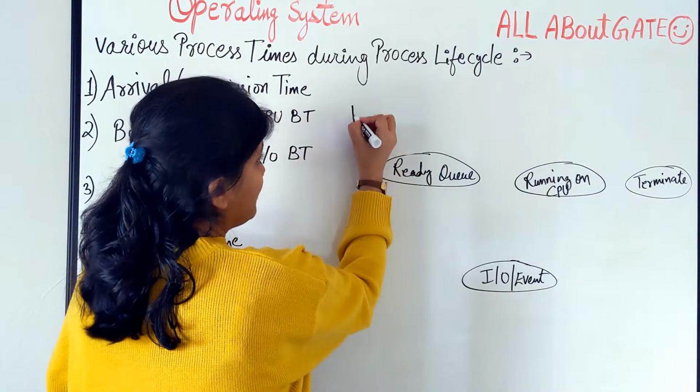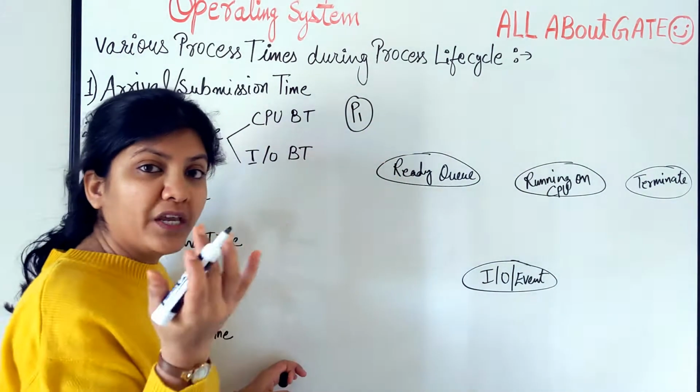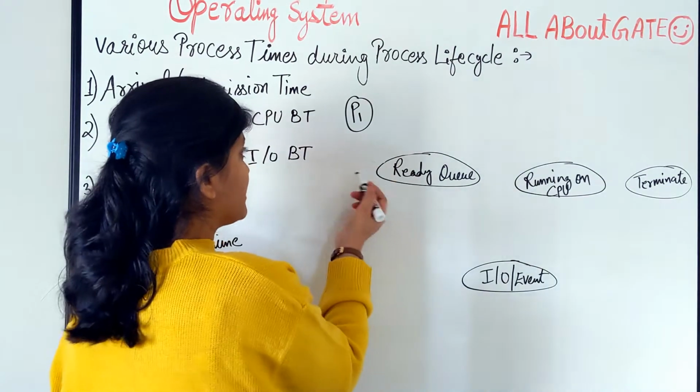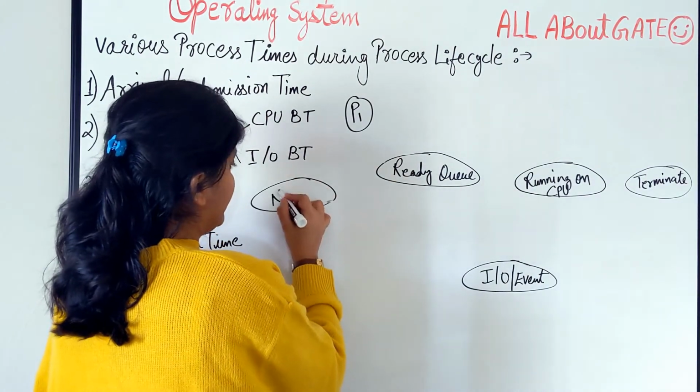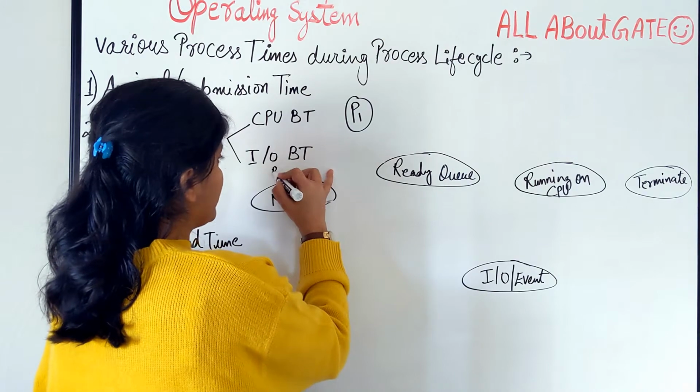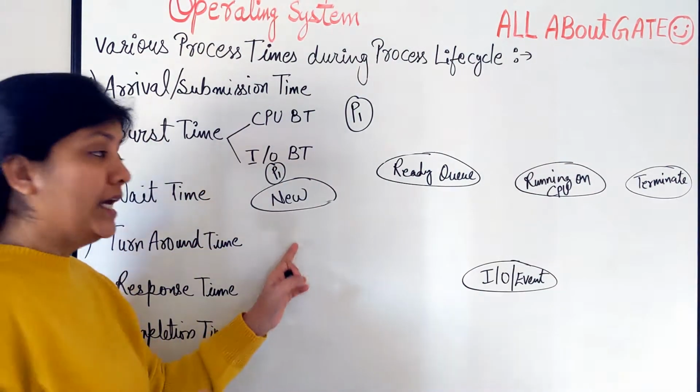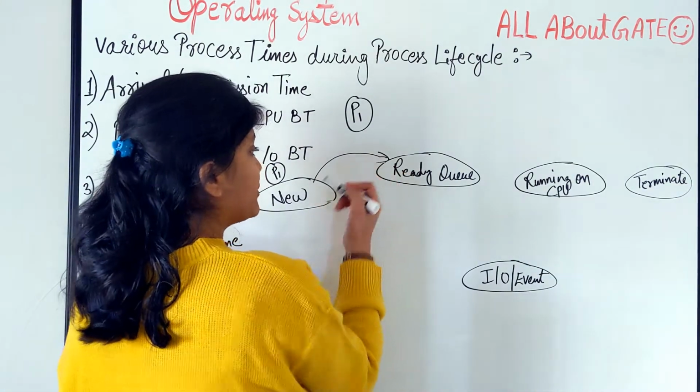Let's suppose that we have a process P1, which arrives into the system. It got created at the new state, and from there it is released to the ready queue.